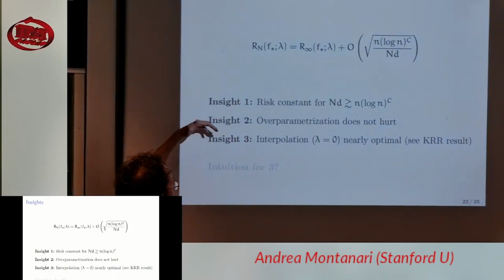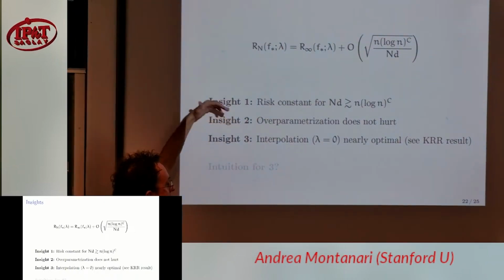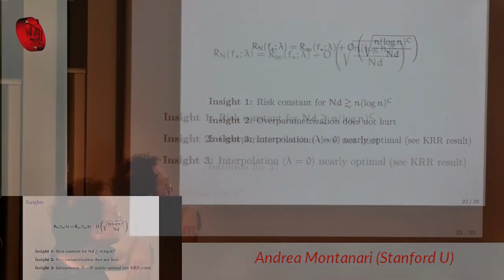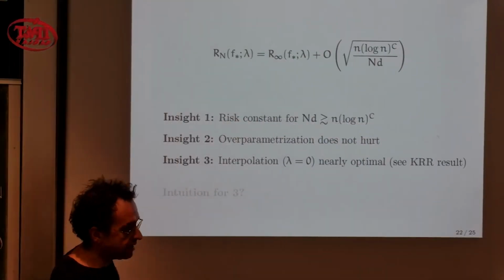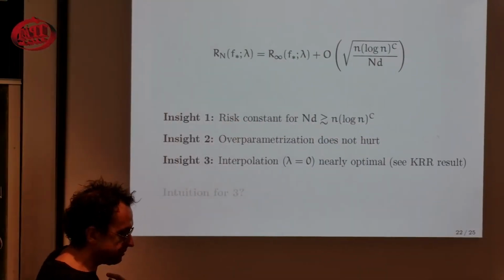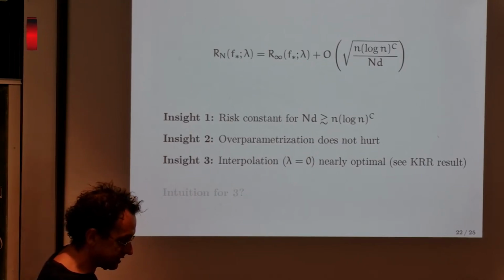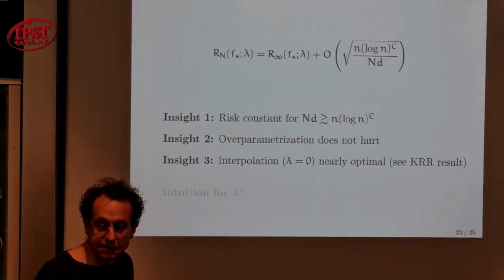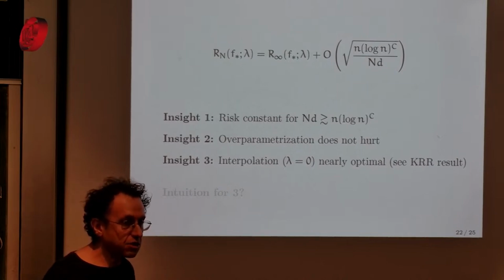Okay, so we get this insight that in this model, over-parameterization does not hurt, because you converge to a kernel ridge regression problem, and the kernel ridge regression has this self-induced regularization that comes because of the nonlinearity, and so lambda equals 0 can be optimal.